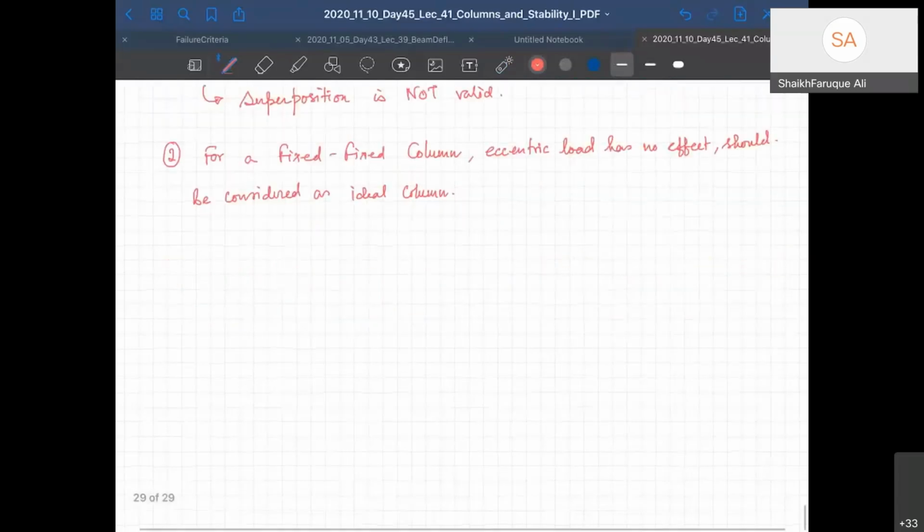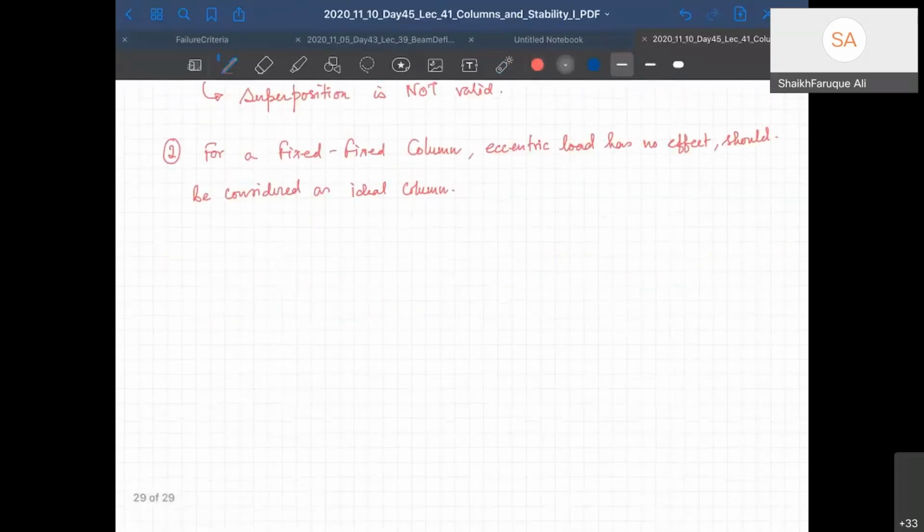Why is that? Because if your column is fixed, you give a load here, you can convert it into the load here and a moment here, right? M0 equal to P into e.